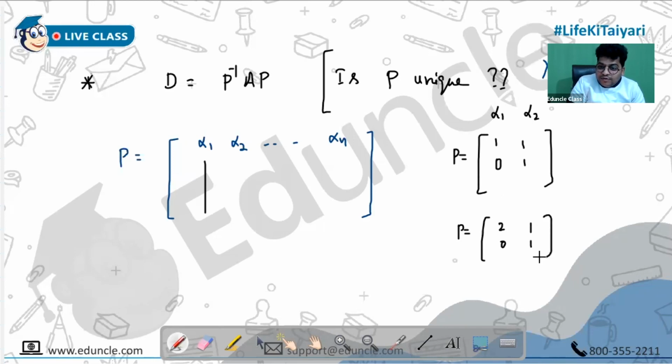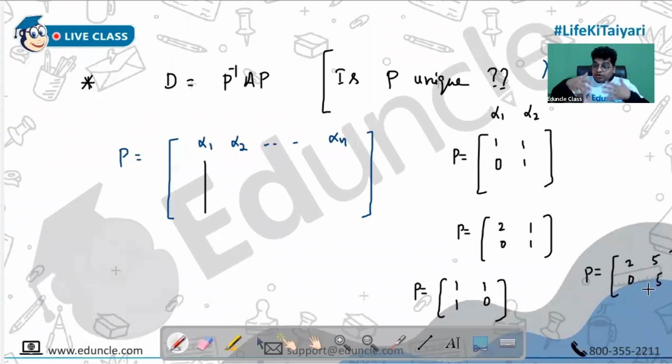This is also P. Yes or no? If somebody says no, I will write alpha 2 here and alpha 1 here, this is also P. So you can change the rows and columns, all these things you can change. And here you can say, sir, I will write 2, 2 and 5, 5, and this is also P.